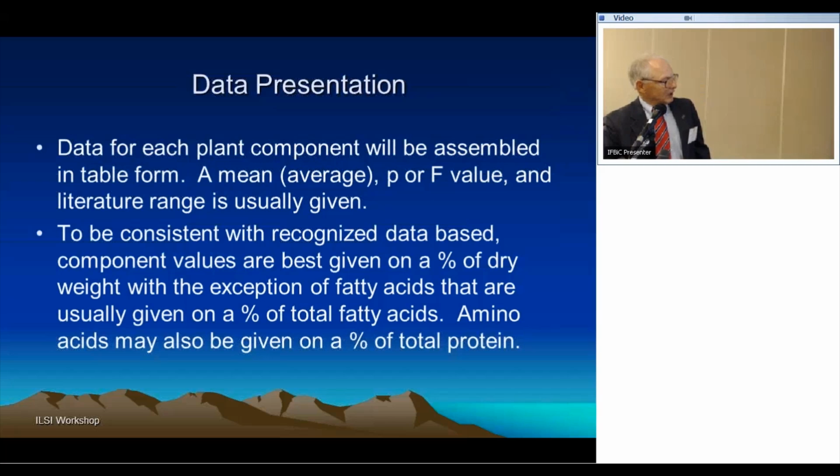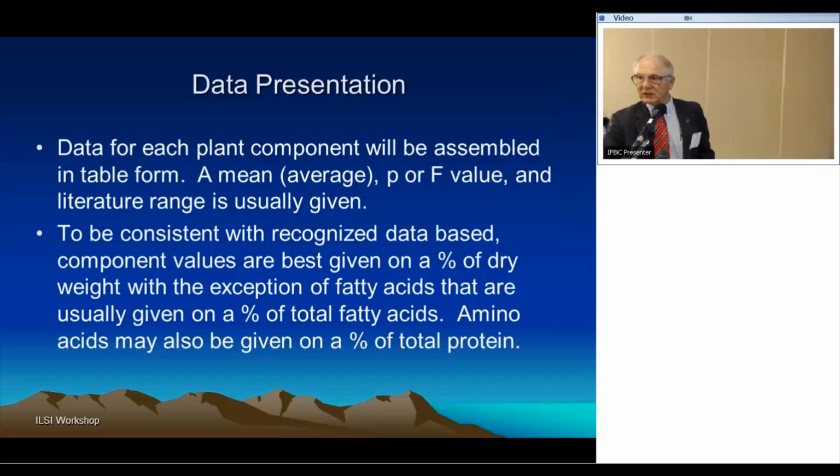Fatty acids are usually given on a percent of total fatty acids. Part of that is the way you separate out the oil and then run your chromatographic procedure on fatty acids, and that's generally what's acceptable to people in the literature.